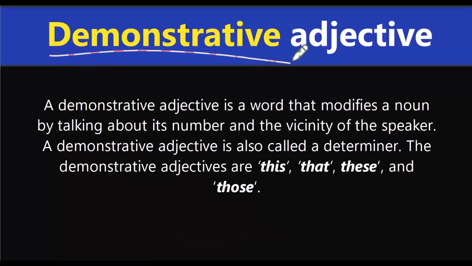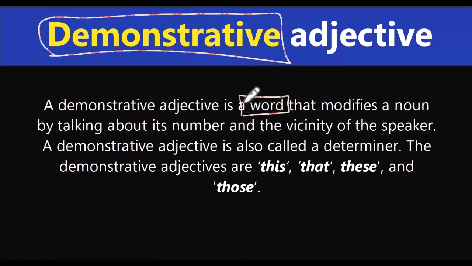Now let's understand what exactly a demonstrative adjective is. Guys, a demonstrative adjective is a word, just one word, that modifies a noun, of course. It's an adjective, right? It's going to modify a noun. That's what an adjective does. So, a demonstrative adjective is a word that modifies a noun by doing what?